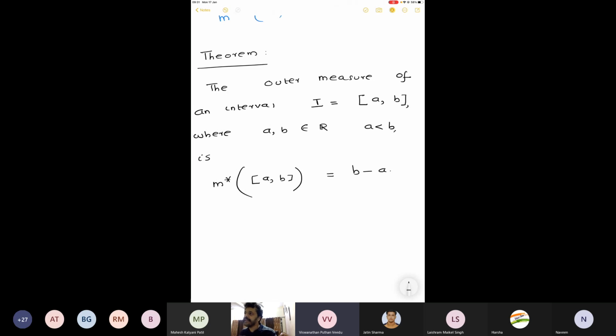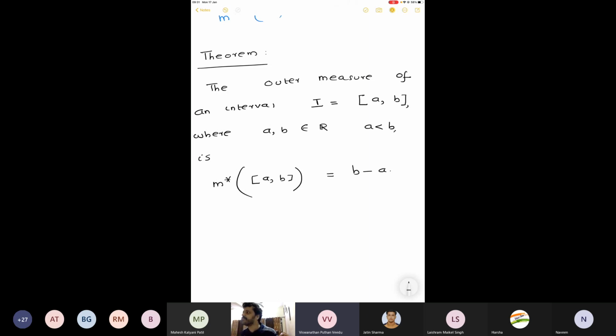First, I need a sequence of open intervals whose union covers [a, b]. Can you tell me a sequence of open intervals that covers [a, b]? Take I1 as the open interval (a minus epsilon, b plus epsilon). I2, I3, I4, etc. you take as the null set.